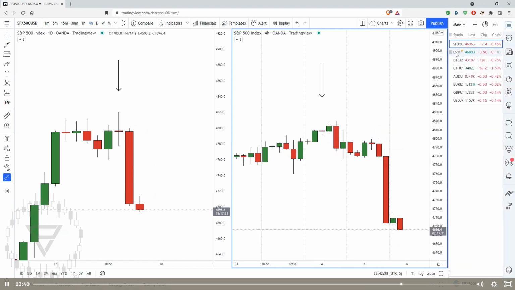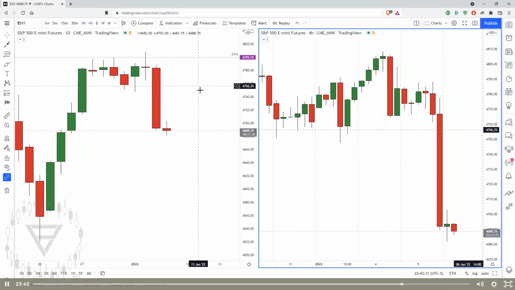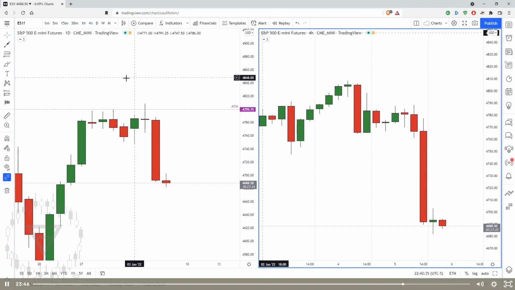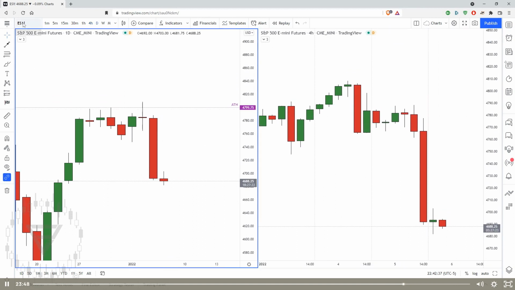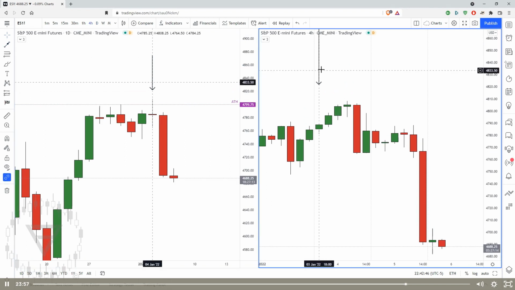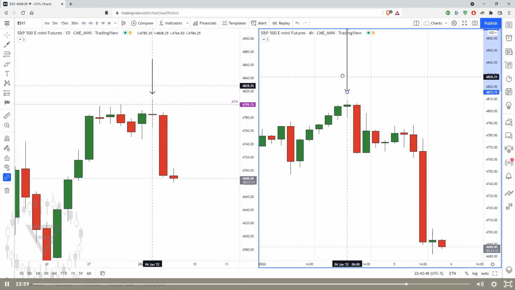Actually, let's look at the future. This is the continuous future contract for ES, which is based on the S&P 500. So let's actually look at this one here.